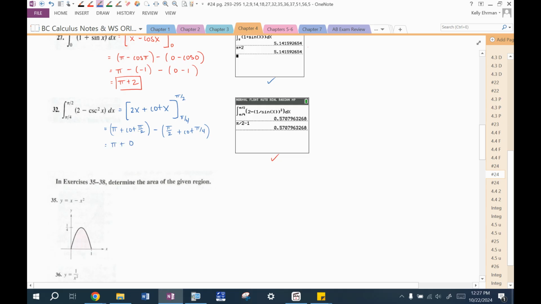I know that one quickly because I know tangent is undefined, so cotangent is the reciprocal of that, which is 0. Minus pi over 2 minus, because I'm distributing, the cotangent of pi over 4 is 1. 1 pi minus 1/2 pi is 1/2 pi minus 1. Verify on your calculator.